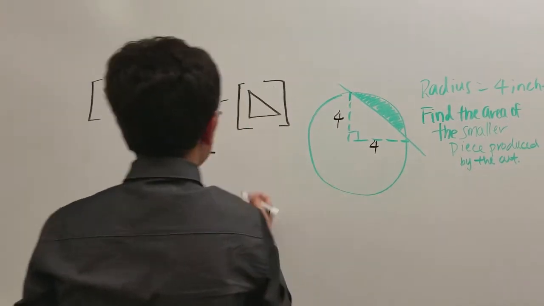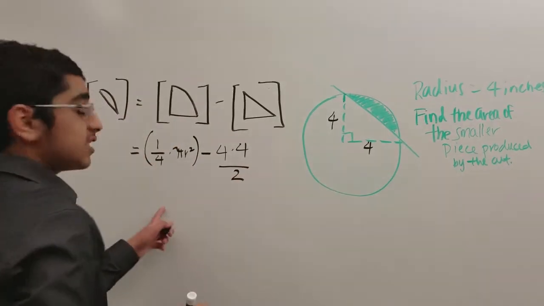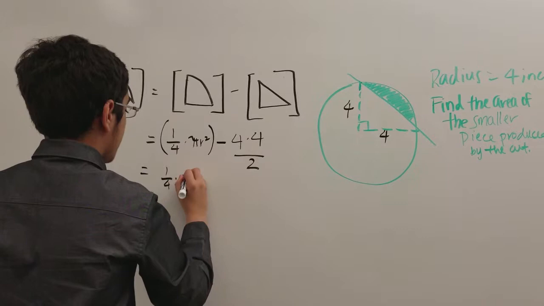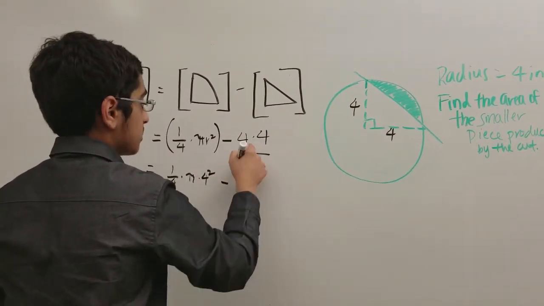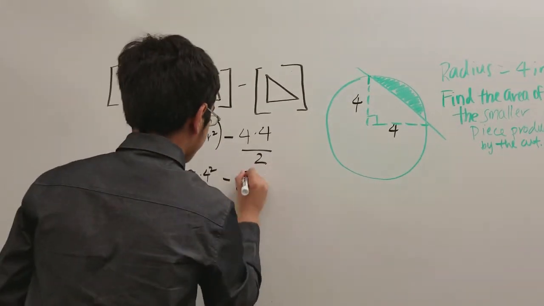So the area of this is 4 times 4 divided by 2. Let's see if we can simplify this. This is going to be 1/4 times pi, and the radius is 4, so we plug that in right there. Minus 4 times 4 over 2. Well, 4 times 4 is 16, divided by 2 is 8.